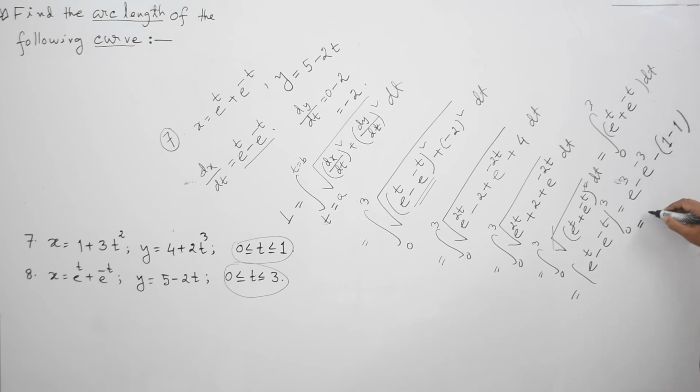So the final result will be e^3 minus 1 by e^3. So this is the arc length of the curve given by the parametric equations in example 8.